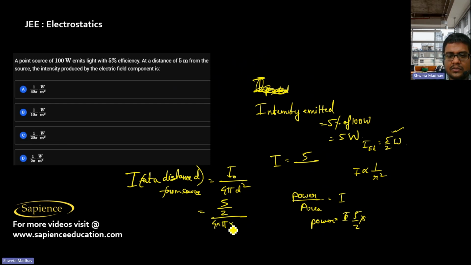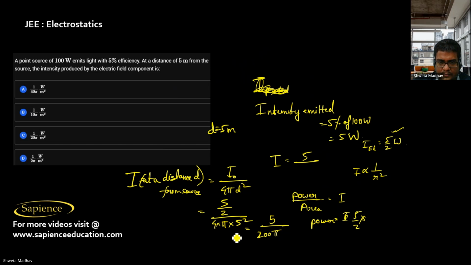Four pi into 5 square, since the distance d is 5 meters. So 25 into 4 is 100. Power by area, where area is 4 pi r square.